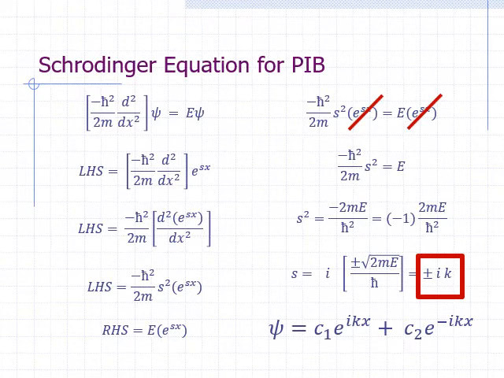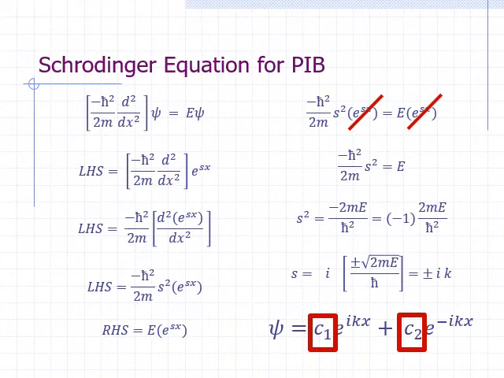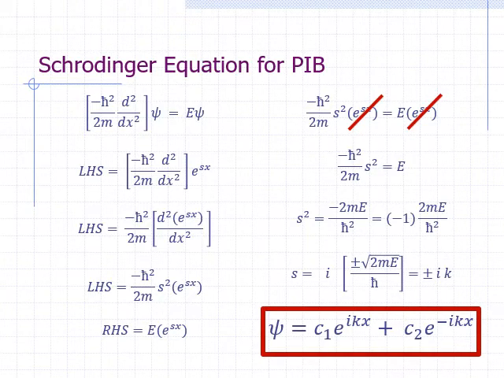E to the sx can be e to the positive ikx, or it can be e to the negative ikx. Therefore, we say that the general solution to our differential equation is a linear combination of these two functions. You can verify that if we multiply each of these functions by a constant, then add, the resulting function would be a solution to our differential equation.